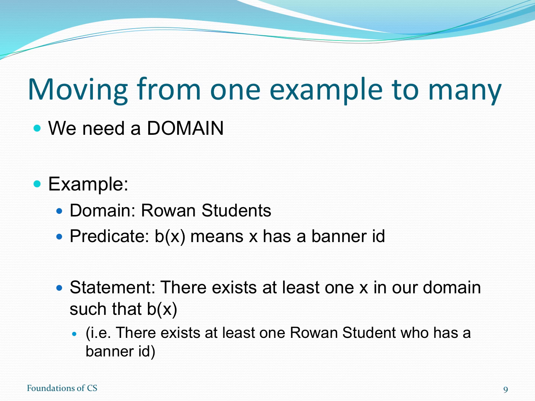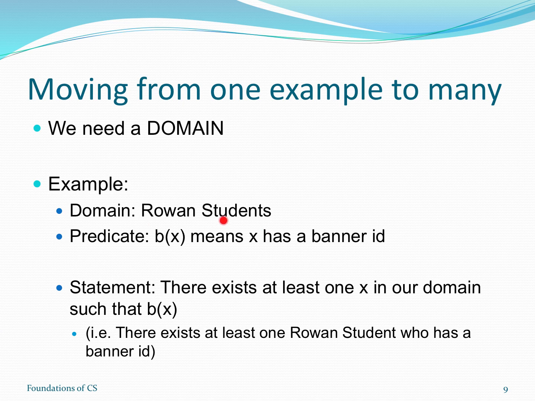Now, in predicate logic, we often think about the everything in our domain and the at least one in our domain. So even if I switch my domain back to Rowan students, I can still say, if my predicate still means X has a banner ID, there is at least one X in our domain that has a banner ID.